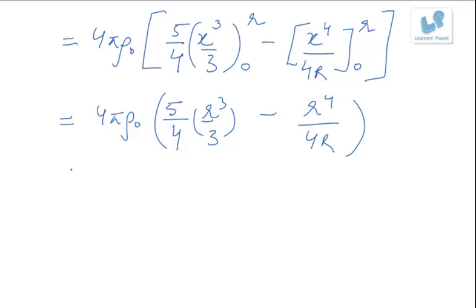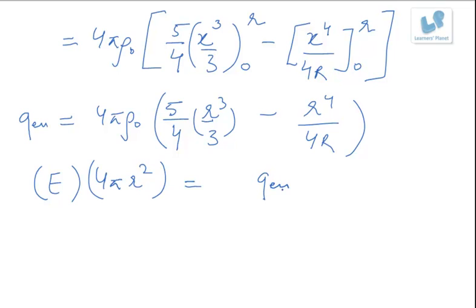Now this is the charge enclosed, and we know that the electric field, that is the flux, into 4 pi r square, that is the total flux, is given by charge enclosed upon epsilon naught.